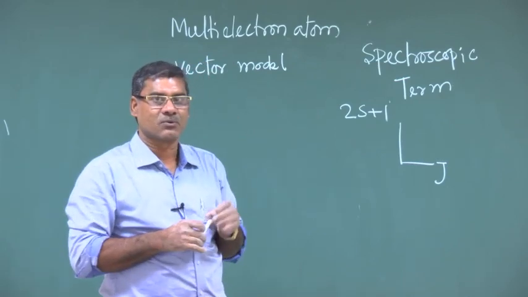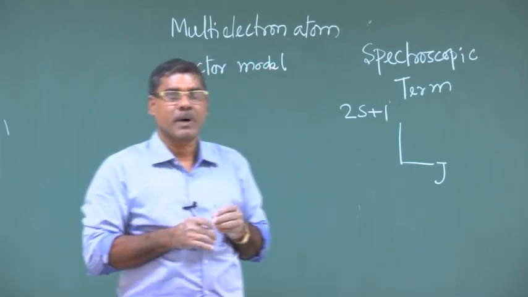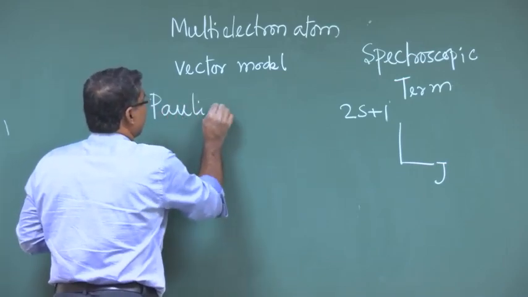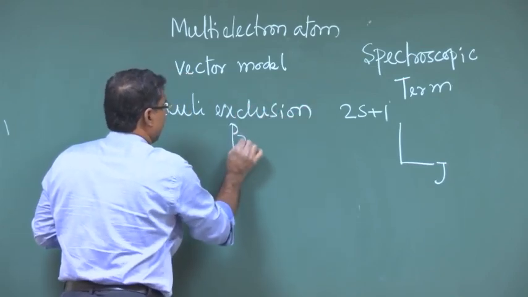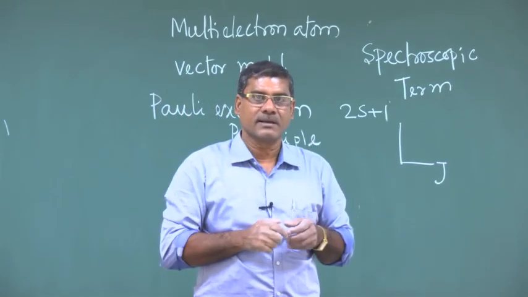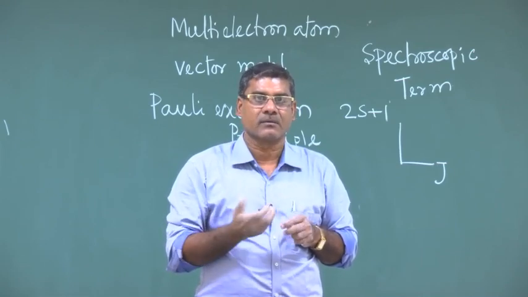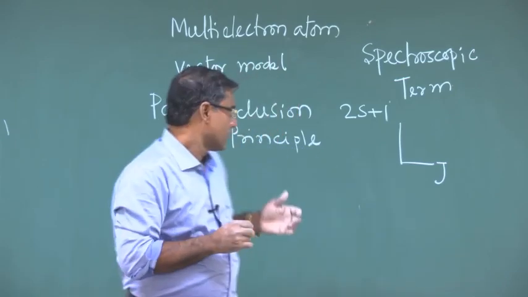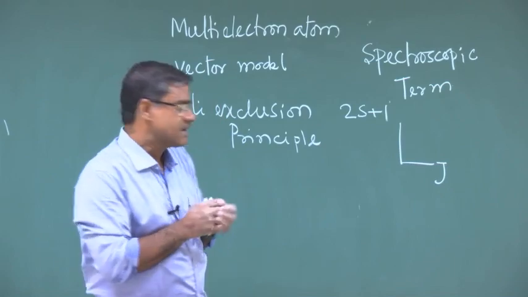To distribute the electrons in the atom, one has to consider the Pauli exclusion principle. What is it telling? It is telling that each electron will have distinct quantum numbers.